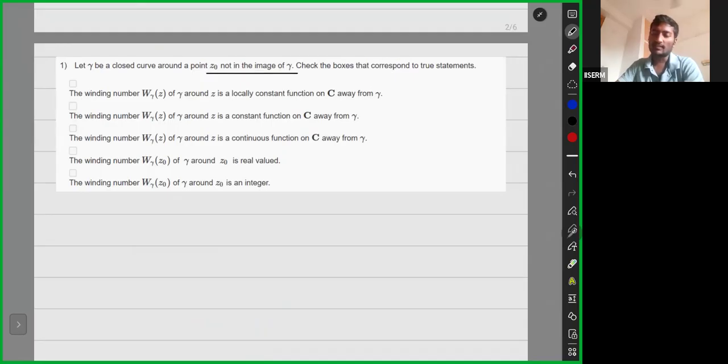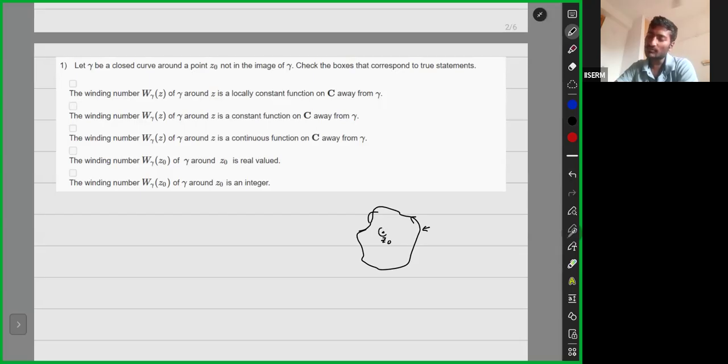Z naught is not in the image of gamma. Then the winding number omega is a locally constant function. It was proved in the class. A property of the winding number is that it is locally constant. So if a curve winds around your point z naught once, the image of the curve is a closed set, so its complement is open.